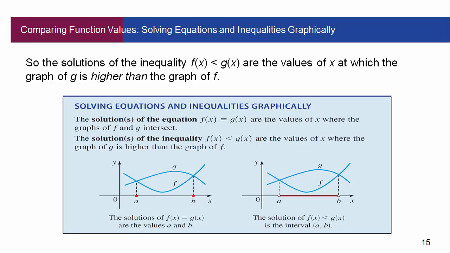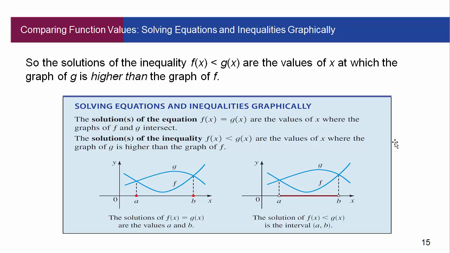So if you look at this, we've got two functions, the f and the g function, where right now you can see the g function is the one on top, and the f function is this one down below. And if we're trying to solve things like, when do the two functions equal each other? Well, we can see very clearly where they intersect, and we have those 2 points, A and B, and on the graph we would have to zoom in and figure out roughly what those points are.